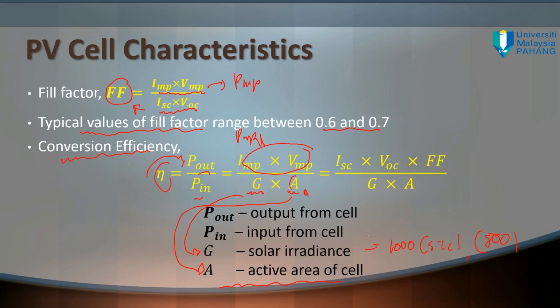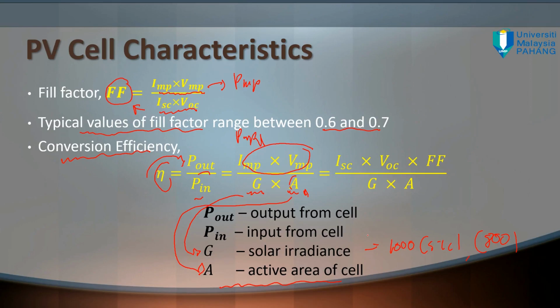In other words, the most ideal solar cell in our mind is, for example, the size of your palm or your finger, but it can generate a lot of power. That is the most ideal solar cell that we are going towards.